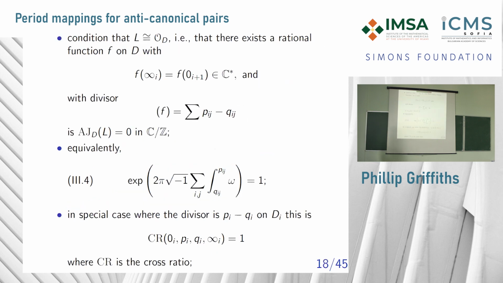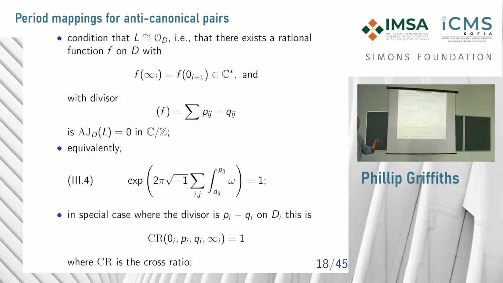Okay. And this is just checking some of the details. What it means to be in the kernel of the Abel-Jacobi is that there's a rational function on the whole cycle that agrees at 0 and infinity. So it matches those points up. Okay. That's the condition that something be 0 in C mod Z, or the exponential should be 1.